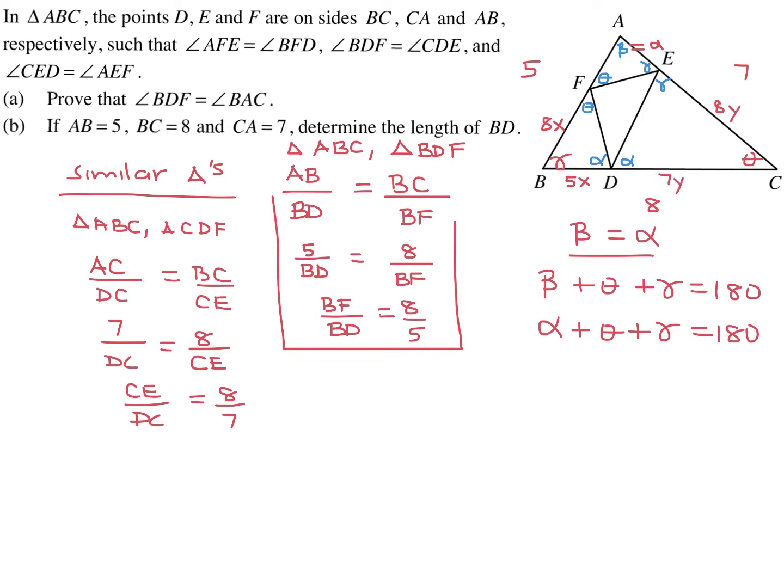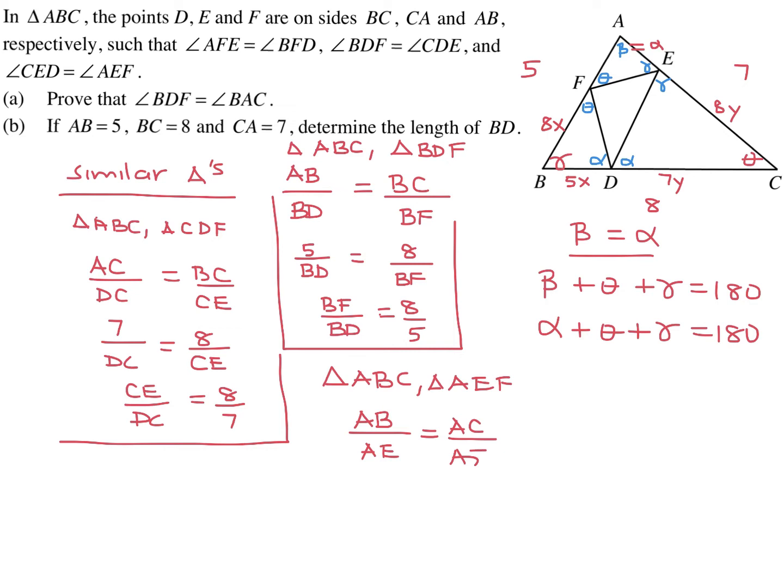All right. And then one last one. Now that you're an expert, triangle ABC and triangle AEF. And that gives me the following. AB over AE is equal to AC over AF. So that is 5 over AE is equal to 7 over AF.